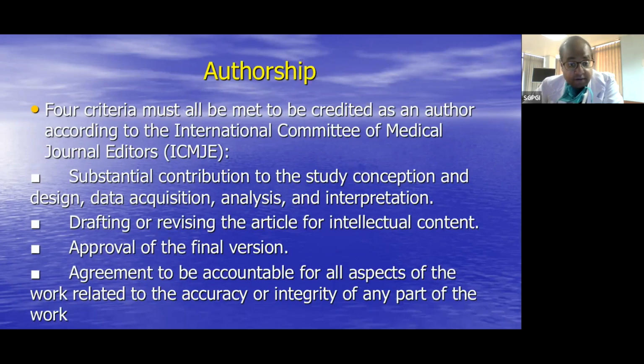Secondly, drafting or revising the article for intellectual content, approval of the final version, and agreement to be accountable for all the aspects of the work related to the accuracy or integrity of the work. So, if you put somebody as an author, these are the things in which he should be ticked right. He should qualify in these four things, and only then is the authorship guaranteed.